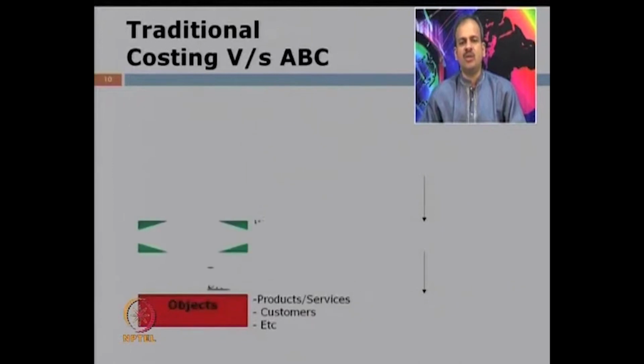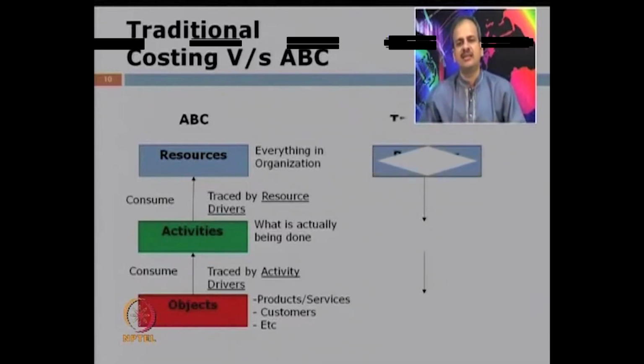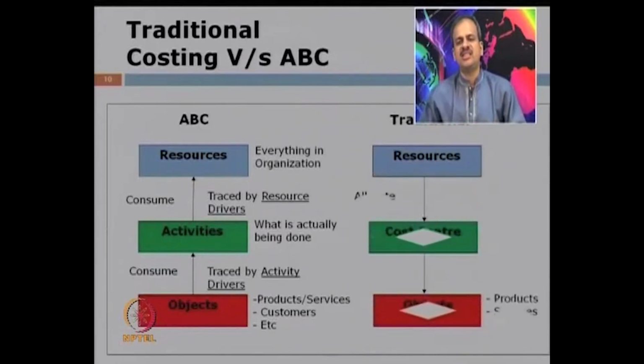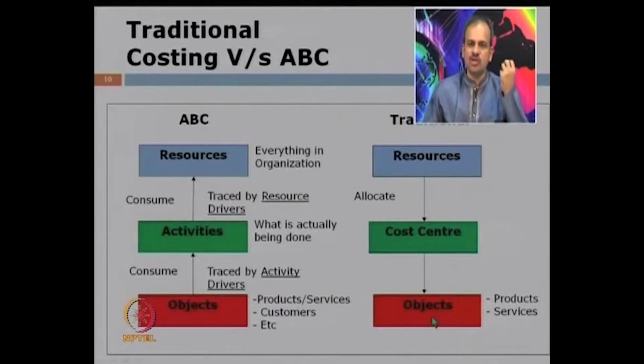Now again let us look at how we move from a traditional system to ABC. In the traditional system, all the overhead costs are apportioned to cost centers. Through cost centers, they go to objects, that is cost units or the products.